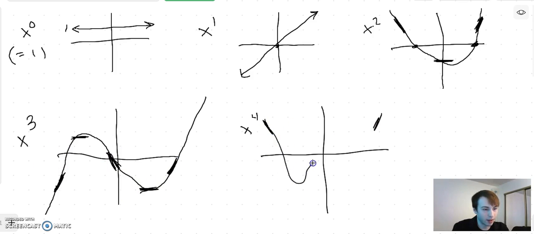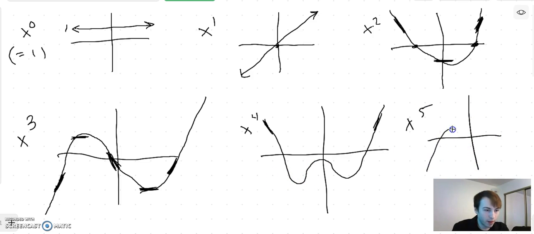So we'll get something like this, and like x to the fifth. So you can kind of see where the turns are coming from. The turns are just coming from the slope function having a 0. Each one of them corresponds to a hump here, or a turnaround point there.